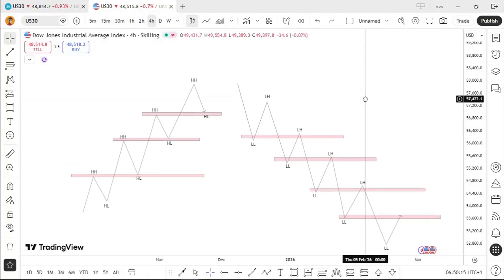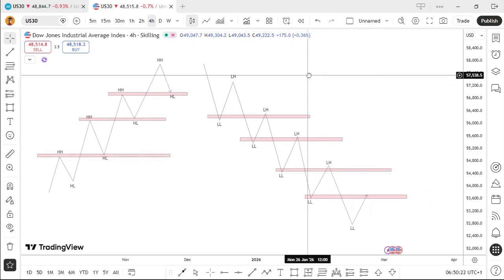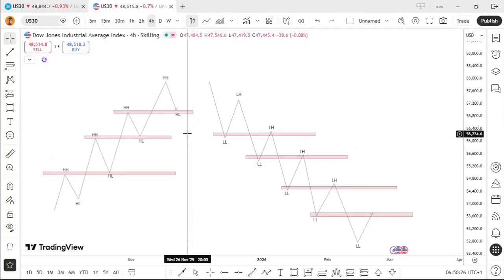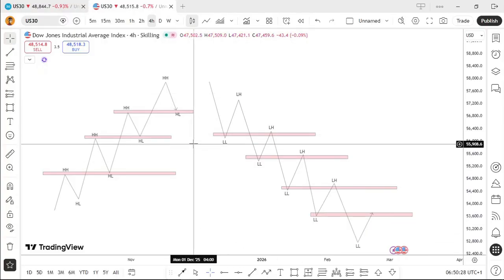So there's what we call break of structure. As the market is moving in this form by creating higher highs and higher lows, if the trend or the market wants to retrace, the market has to break a structure before turning.